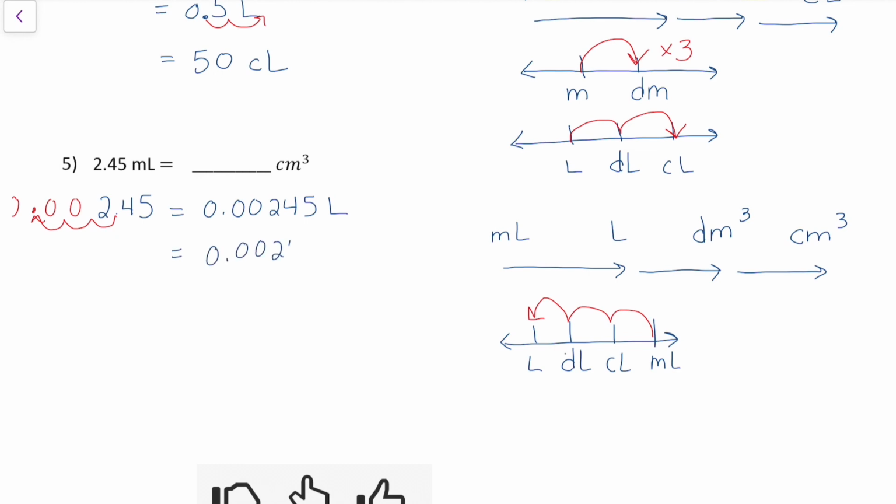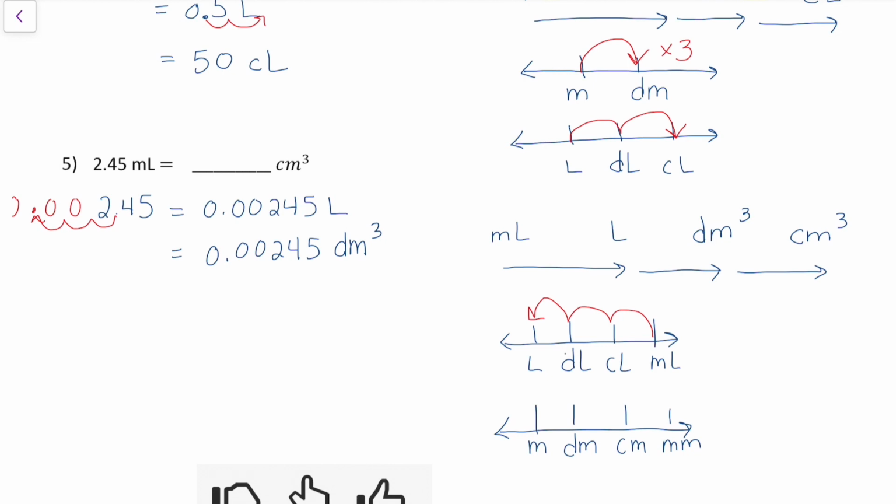Okay. Now we know there's a 1-to-1 ratio there. So that means this is also 0.00245 decimeters cubed. So if I want to go from decimeters, if I have meters, decimeters, centimeters, millimeters.